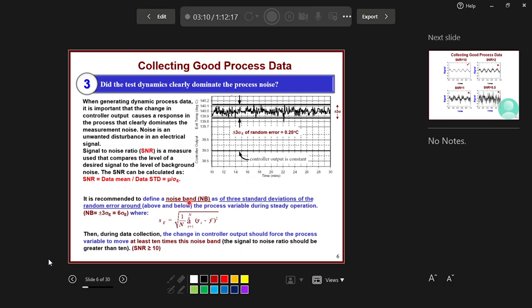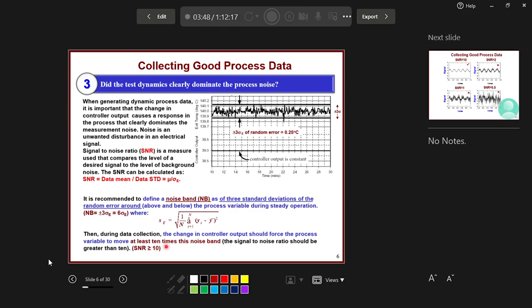Using these two pieces of information, you need to make sure that the output of the controller is strong enough to force the output of the process to move at least 10 times this noise band. So the value of this noise band, multiply it by 10, then the process output Y should change by 10 times as much as this noise band. Or you can say that the SNR should be greater than 10.